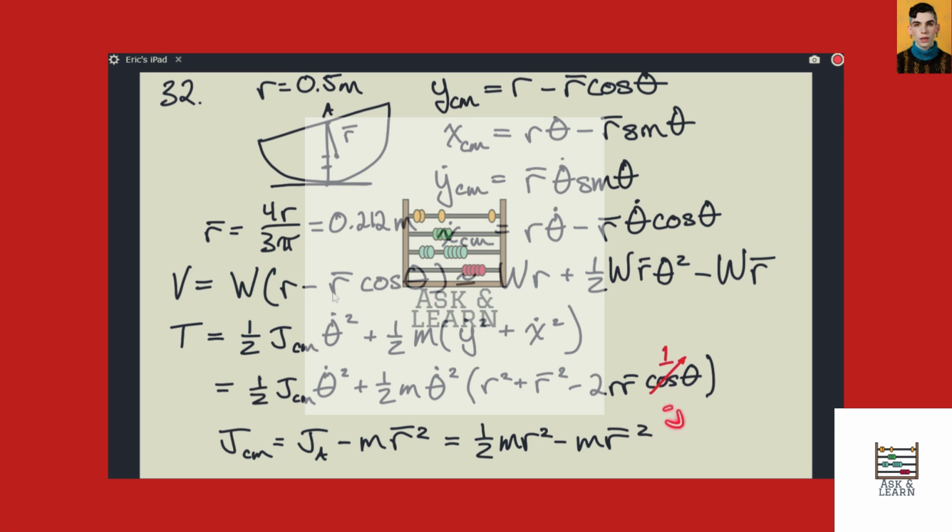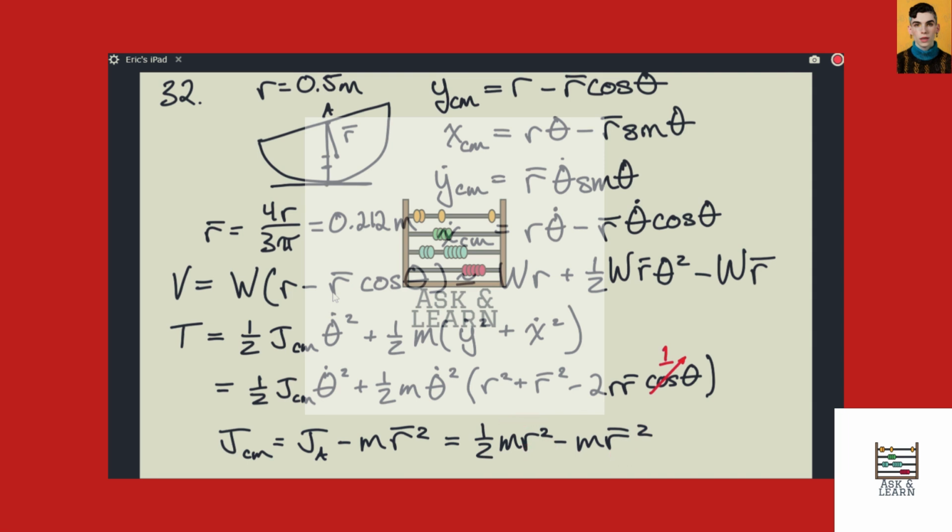We know J_A equals J_CM plus m r bar squared, so J_CM is J_A minus m r bar squared. J_A is 1/2 m r squared, so we can get that value.